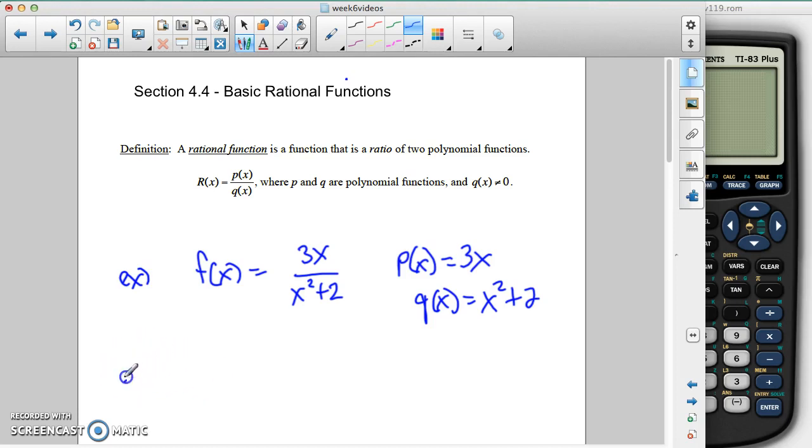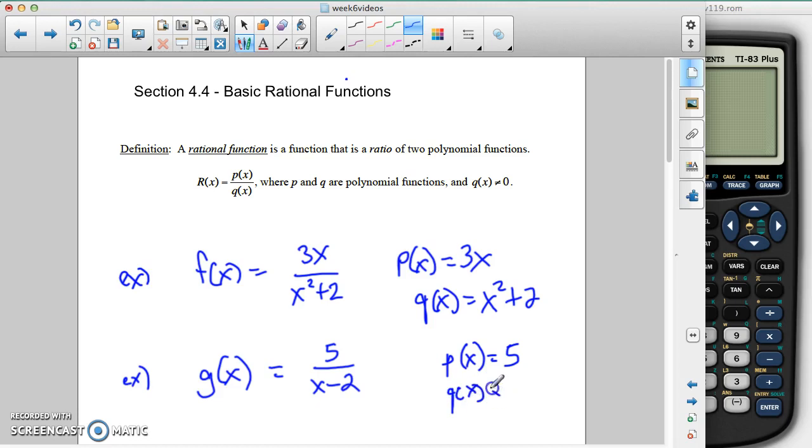The second example may be a little bit easier, where we just have a constant, 5 over x minus 2. p of x is 5, a constant value all the time, and q of x is x minus 2, a linear function.